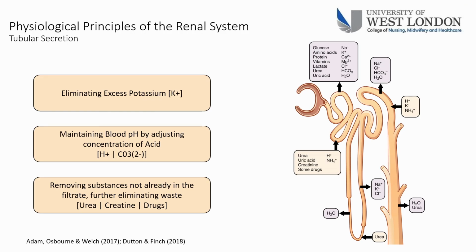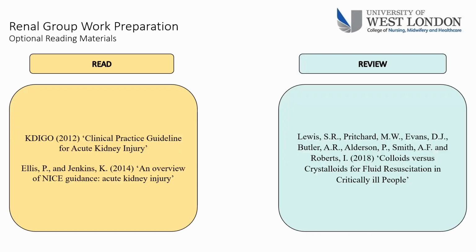For example, urea in the lower part of the loop of Henle, drugs and creatinine, which is secreted back into the tubules in the proximal convoluted tubules. In the distal convoluted tubules, it is more likely that potassium and hydrogen ions are secreted back into the tubules to help maintain blood pH by adjusting the concentration of acid within the blood.